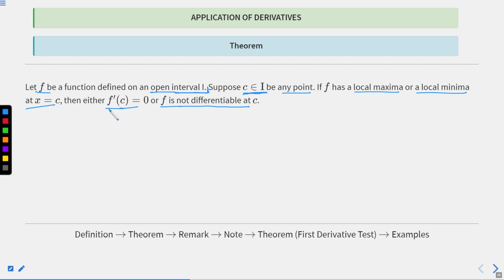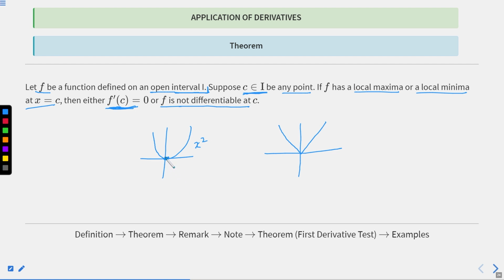Clear? So either of them will happen. I hope it is clear to you. Take two examples, one like this and another like this. At this point your derivative is 0. This is a parabola x square.